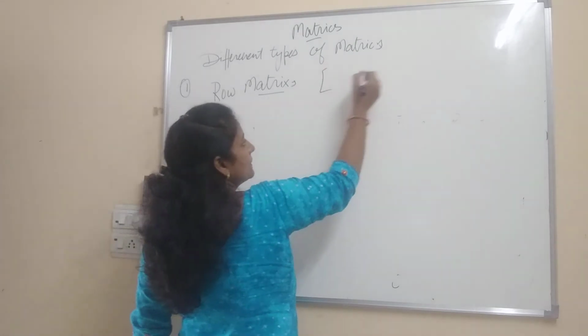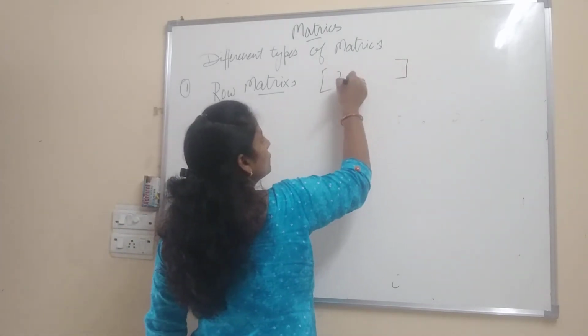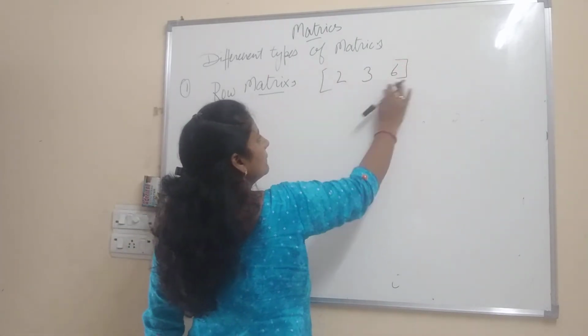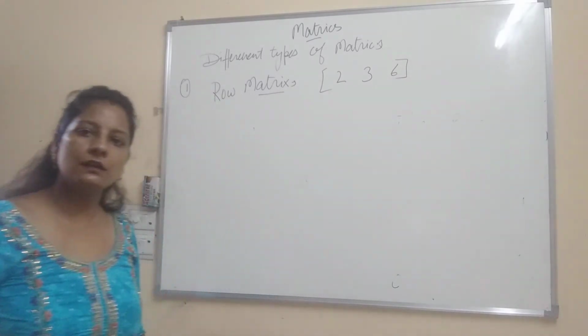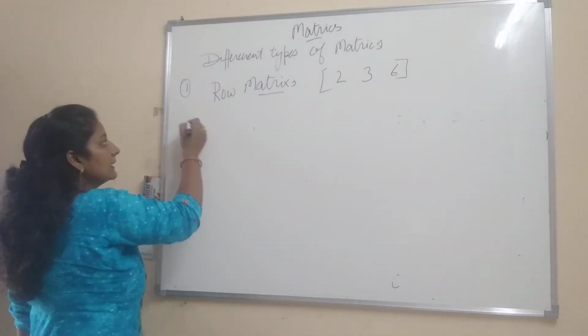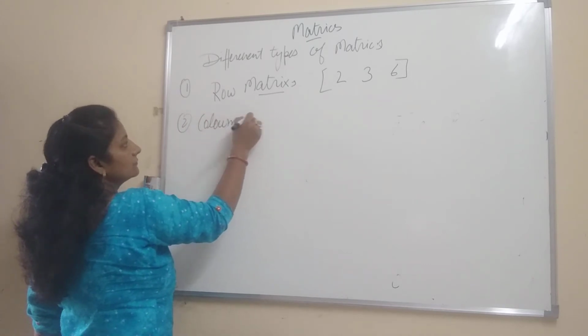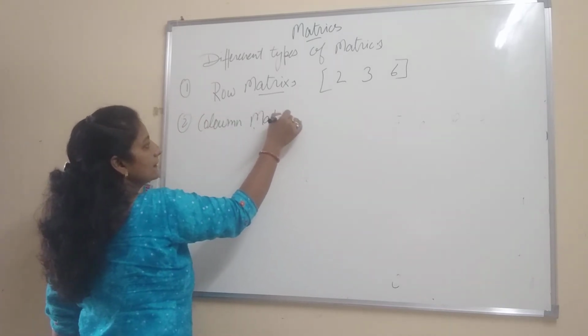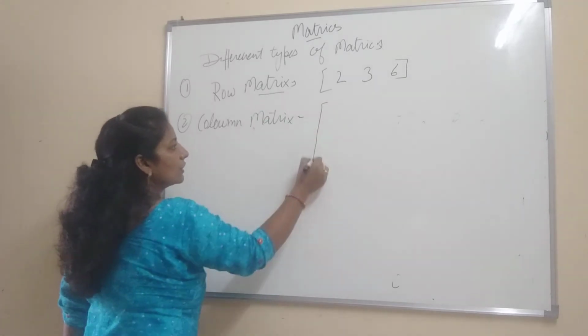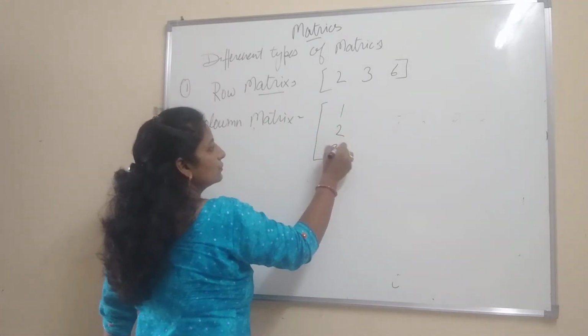Like this, suppose it is 2, 3, 6. Only one row is there. This is called a row matrix. Similarly, there is the column matrix, when there is only one column, like 1, 2, 3.